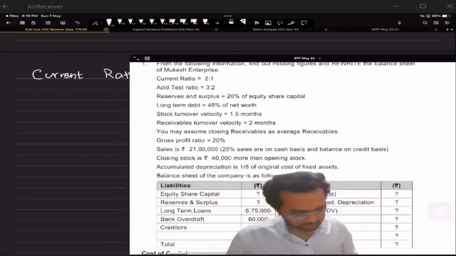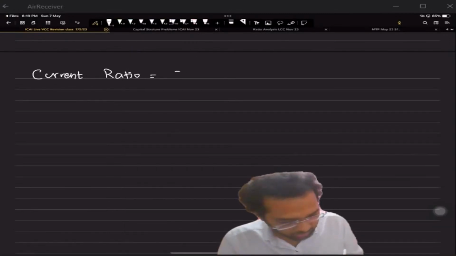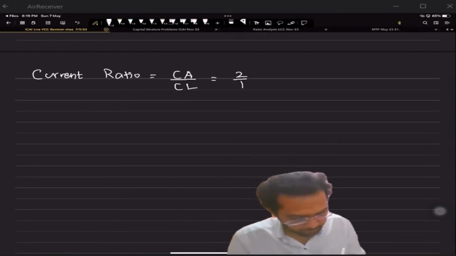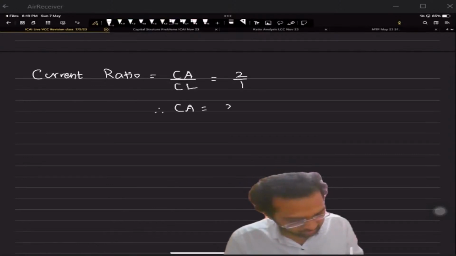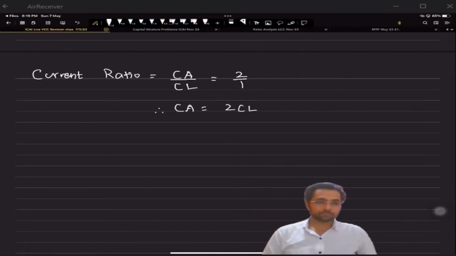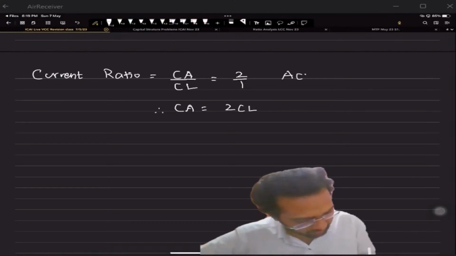Current ratio is given as 2:1 and acid test ratio is 3:2. Current ratio is current asset upon current liability, which is 2/1. Therefore, current asset is 2 times current liability. Okay, now the acid test ratio.